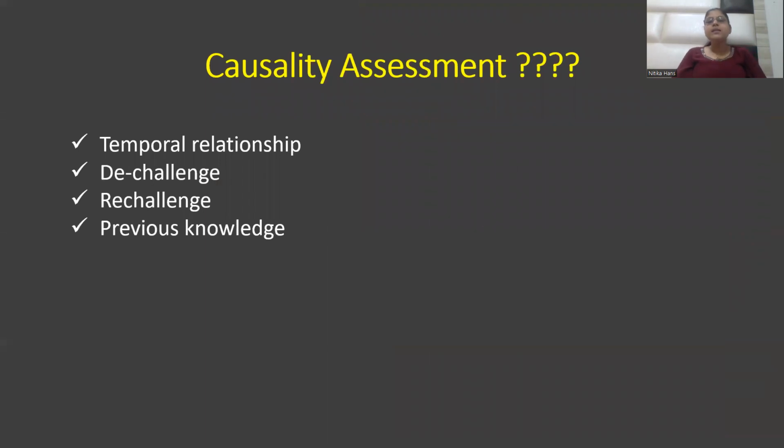Now, causality assessment, I have already discussed with you. It depends upon the temporal relationship. Temporal relationship is time relationship. The dechallenge, when we stop the drug and the reaction disappears, shows that the drug was the causative agent of the adverse drug reaction. And the rechallenge, when we reintroduce the drug, can lead to the adverse reaction again.